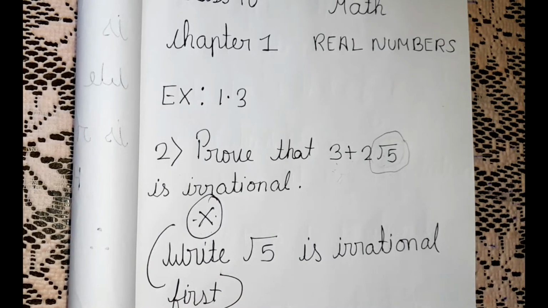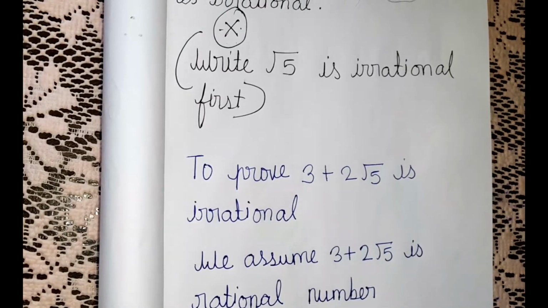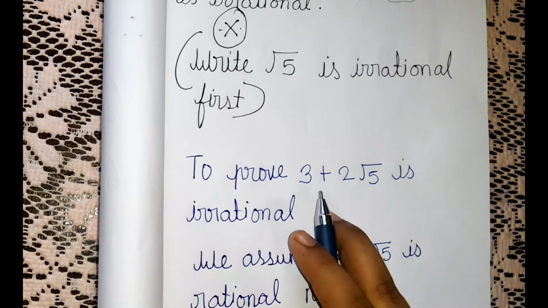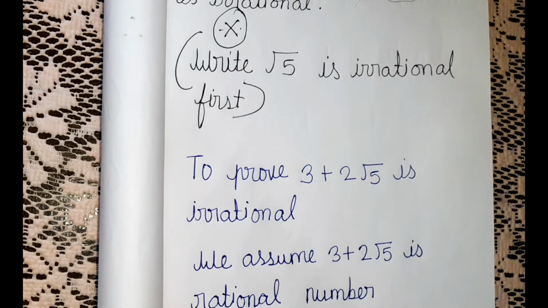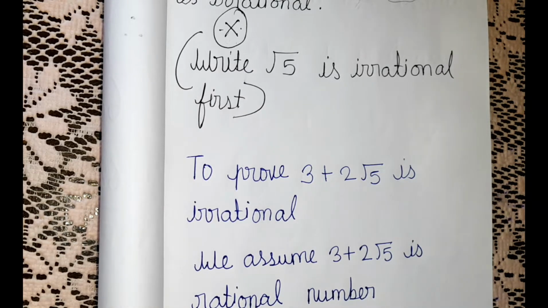And now we are going to be writing: to prove 3 plus 2 root 5 is irrational, we assume 3 plus 2 root 5 is a rational number. Now I wrote, to prove 3 plus 2 root 5 is irrational, we assume 3 plus 2 root 5 is a rational number. A rational number is in the form p by q, where q is not equal to 0.